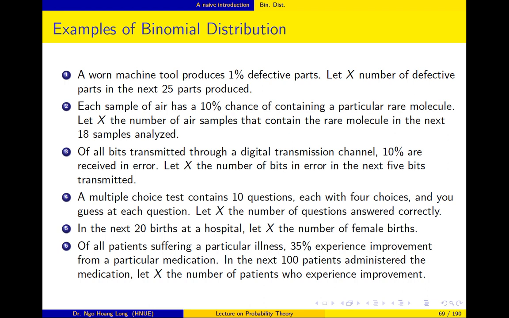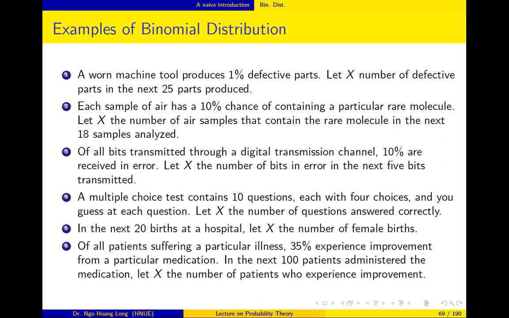There are many examples of the binomial distribution. For example, a machine tool produces 1% defective parts, and let X be the number of defective parts in the next 25 parts that the machine produces. Then what is the distribution of X? So X will have the binomial distribution with parameter n equal to 25, and the probability of success p now is 0.01.